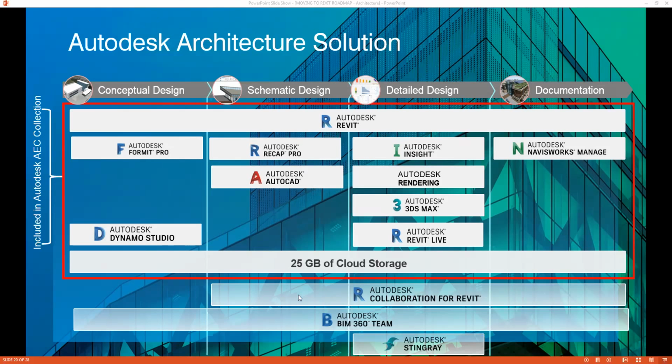But then if you look further downwards outside the AEC collection, you find there's Autodesk Collaboration for Revit, which means that yes, you want to work with other people in your team. If you want true collaboration, then you should purchase a license of Autodesk Collaboration for Revit.